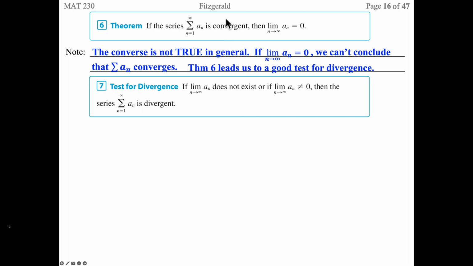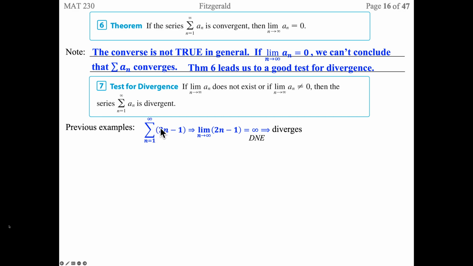So here we know that we're convergent if our limit goes to 0. If we take the limit now and show anything else but a 0, it doesn't exist or it doesn't equal 0, then we know it's going to be divergent and we don't have to try to find its sum.